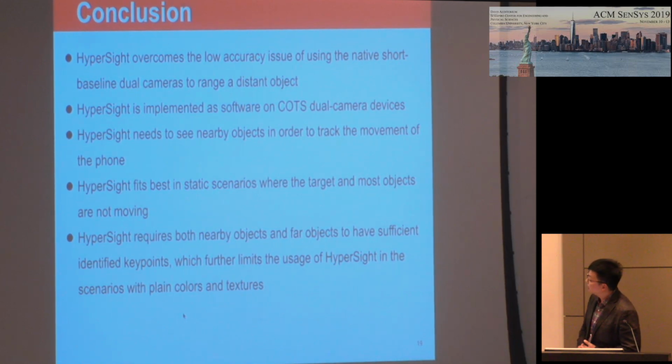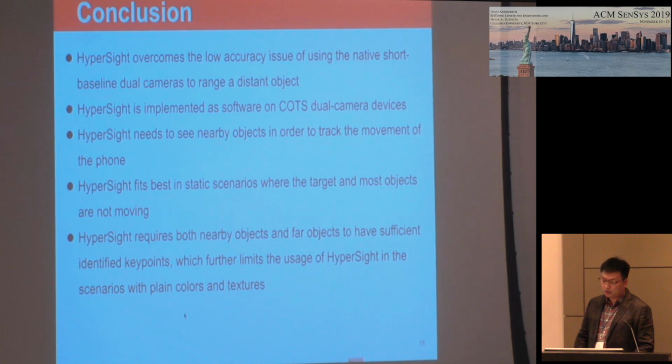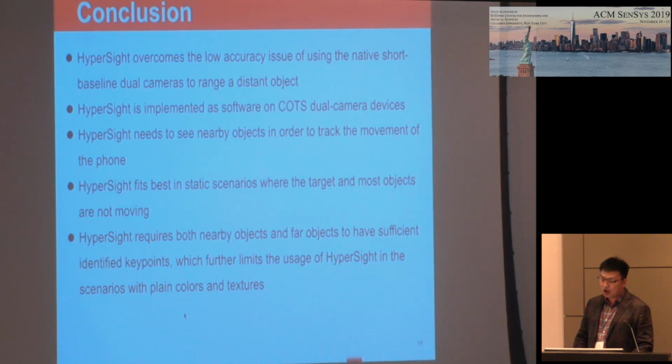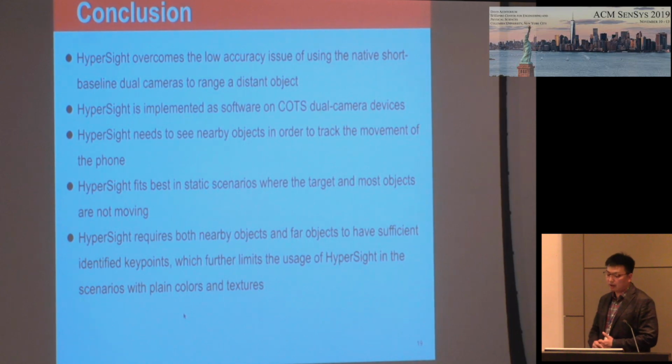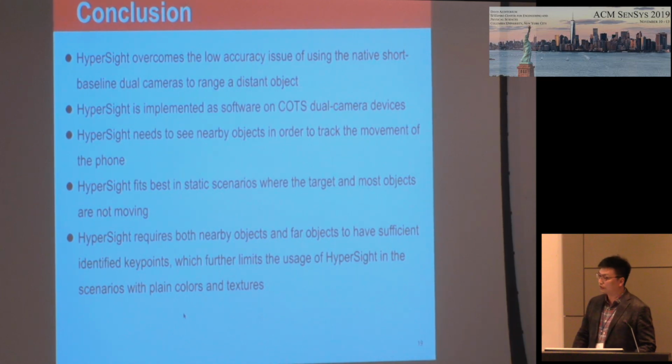But HyperSight also has several limitations. First, HyperSight needs to see nearby objects in order to track the movement of the phone. This is one major limitation. Another limitation is that HyperSight fits best in static scenarios, where the target and most objects are not moving.